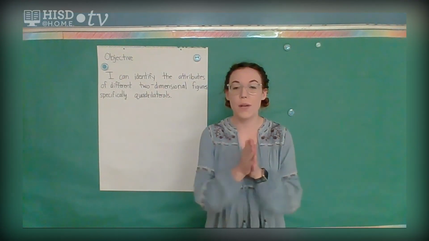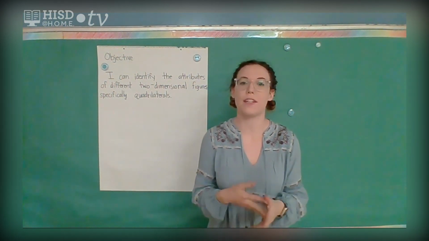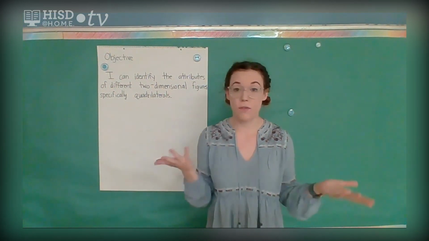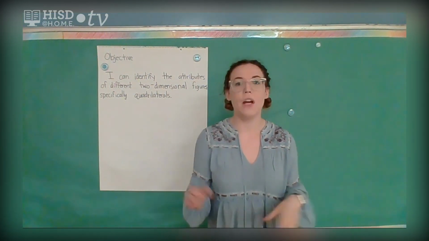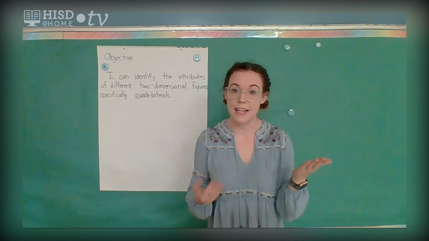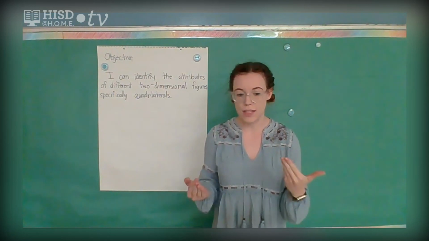All right, guys, so we talked about different two-dimensional figures or plane shapes, right? We talked about circles, hexagons, triangles, all kinds of stuff we've been going over for many years. We just specified the differences by looking at how many sides they have, if they're straight or curved, and how many vertices or angles they have.